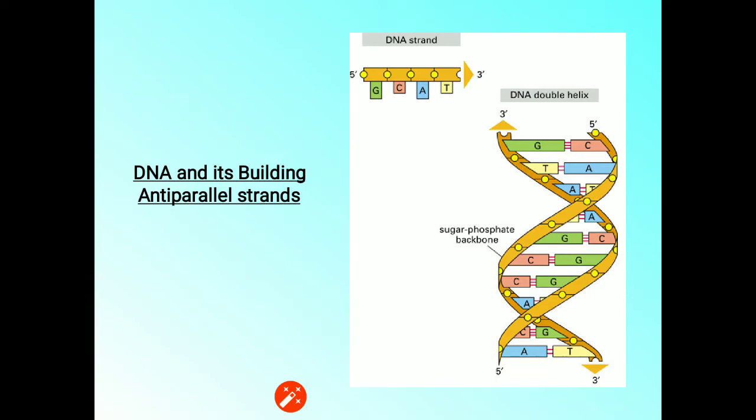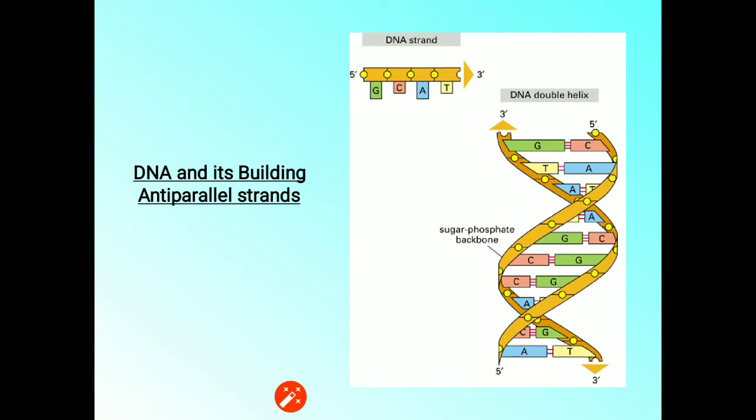Now about the DNA and its anti-parallel strands. DNA is basically made up of two polynucleotide chains where the backbone is constituted by sugar and phosphate, and the nitrogenous bases are inside. We have discussed it already.